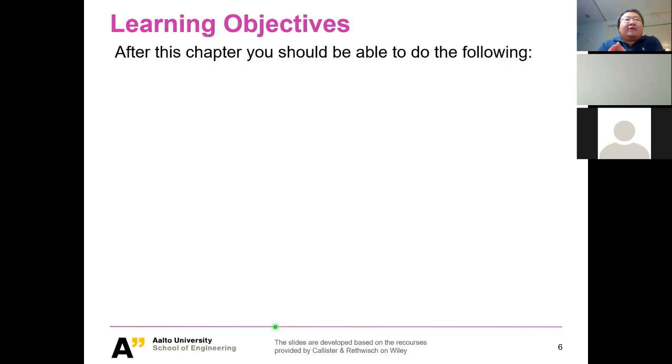What I add as a new slide here is the learning objectives. I think you're probably familiar with this. Well, I'm not a big fan of this, to be honest, because I'm going to give you terms that you don't know. But this is a good chance for you to see what terms you will know after the lecture.